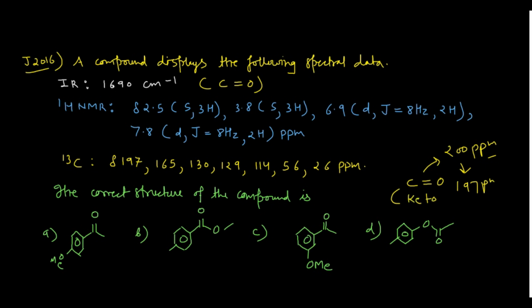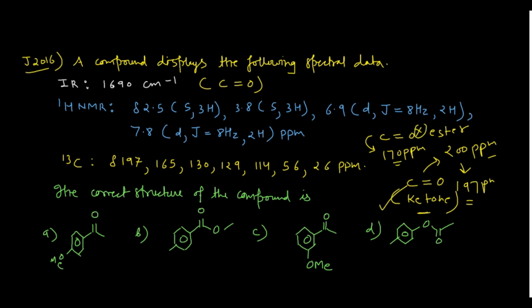Please remember, whenever you have been given the carbon NMR data with a signal at 197 ppm and you have a carbonyl compound, you can blindly mark it as the presence of a ketone. If the carbonyl group is from an ester moiety, it would have a different chemical shift. For an ester moiety, it will give you a signal somewhere around 170 ppm. That means ester is not there in that case, but ketone is.